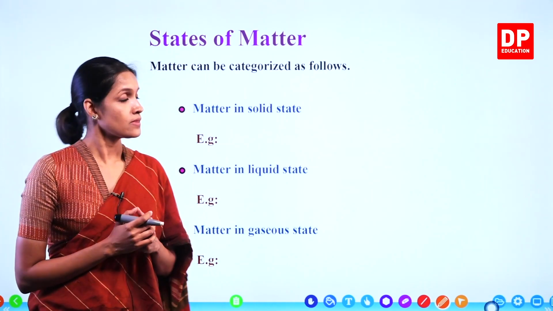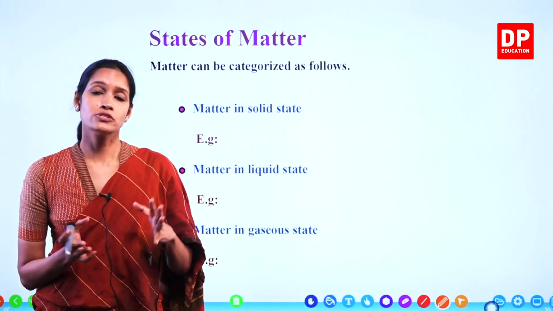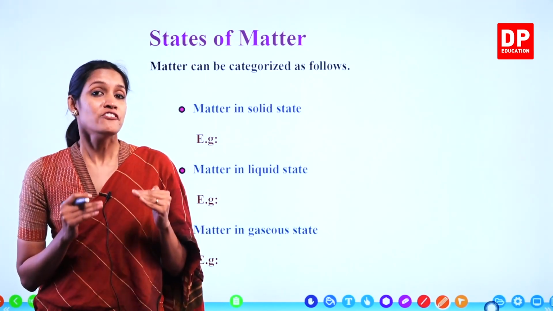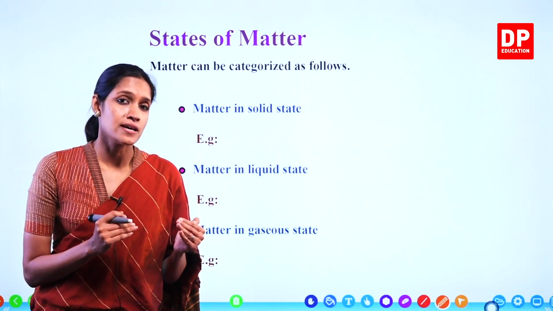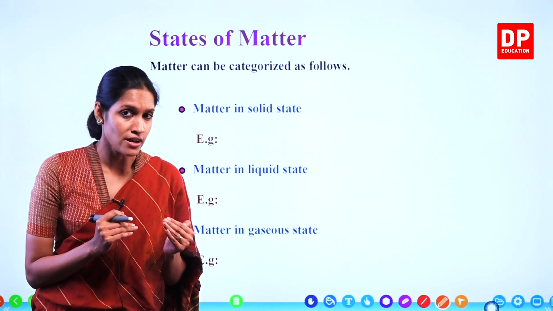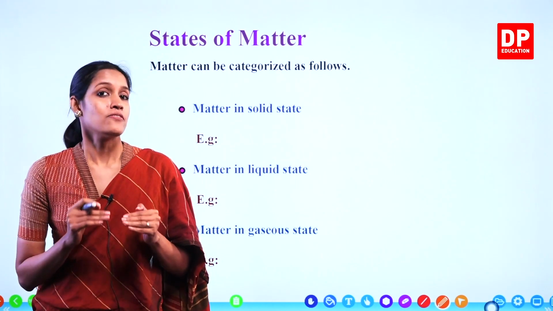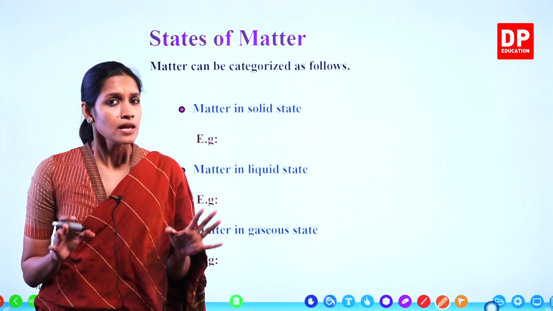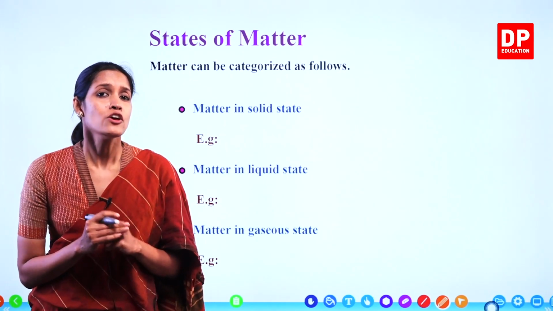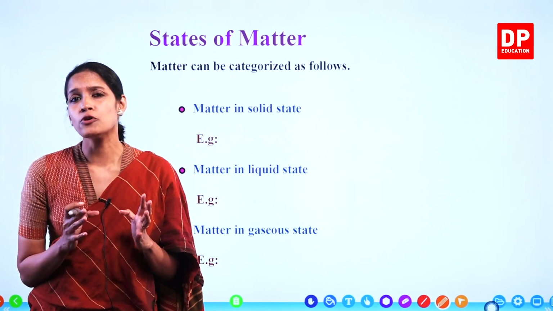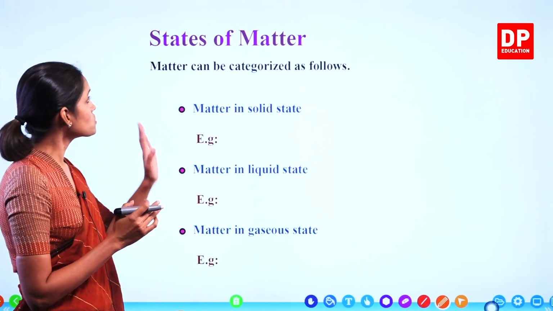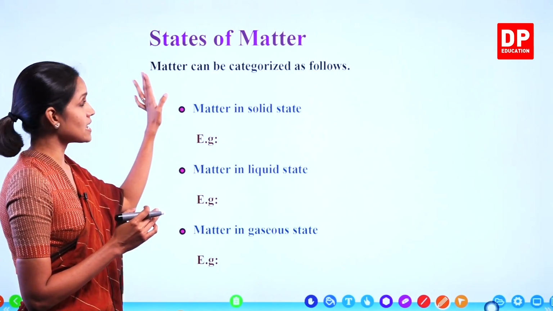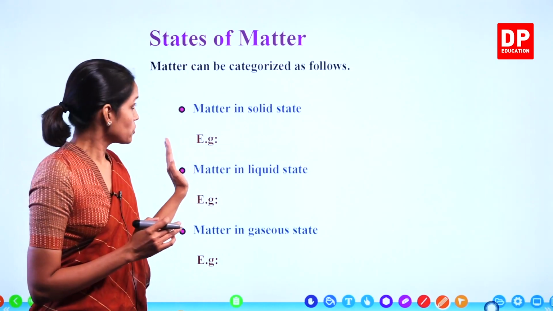Okay, children. Now we learned about matter and energy. We learned that matter has a mass and they occupy space in the environment, and non-matter, they don't have a mass and they don't occupy space in the environment. And in this lesson, we are going to further learn about matter. Right? So now we are going to learn about states of matter. Okay, children?